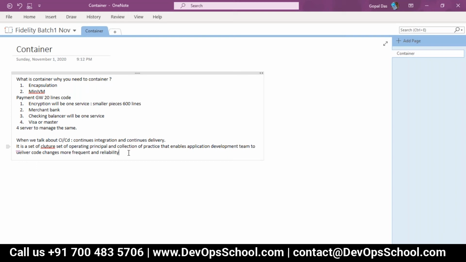If I am developing a microservice with 600 lines of code, I need to ensure that the code is perfect.